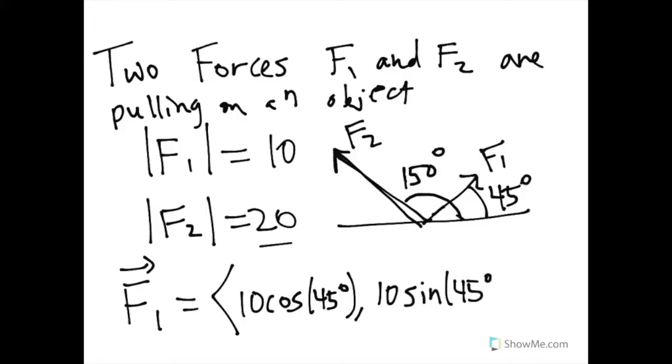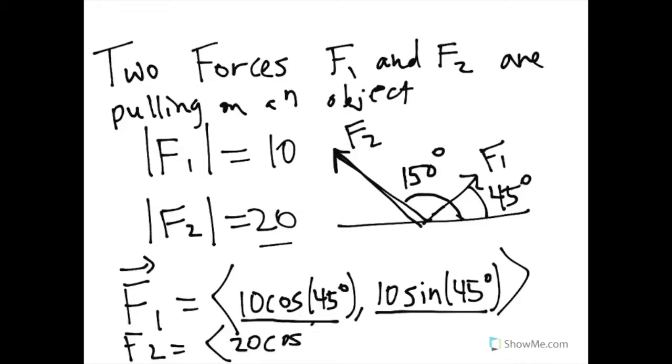Because remember from our polar coordinate formulas, r cosine theta was your x coordinate and r sine theta was your y coordinate. And then you could write F2 very similarly: 20 cosine of 150 degrees, comma, 20 sine of 150 degrees.